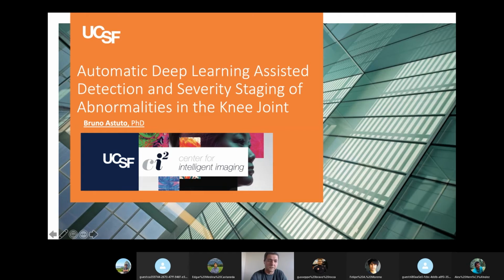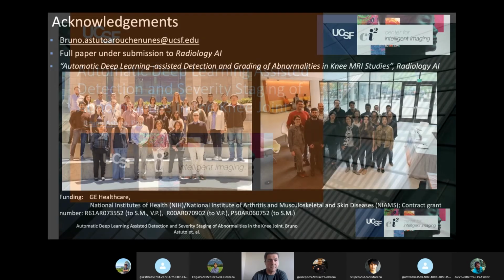It's a nice journal in this area. The work is entitled Automatic Deep Learning Assisted Detection and Severity Staging of Abnormalities in the Knee Joint, and I did this work while at UCSF.